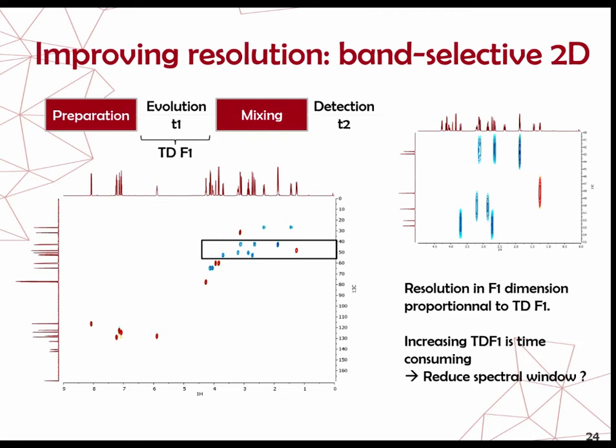Okay, just a small focus on some special two-dimensional experiments which can be asked for in routine. They are available in the sample changers list. These are band selective two-dimensional experiments.